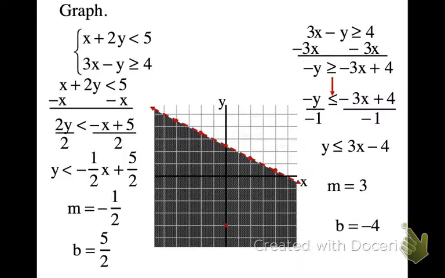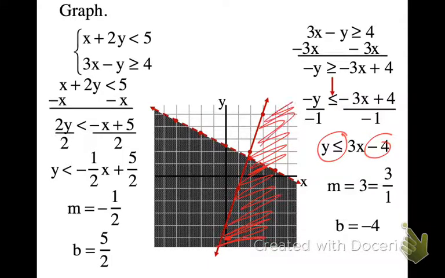And then I'm going to go up 3 over 1, up 3 over 1, up 3 over 1. It should be a solid line. And now I'm looking at y is less than -4. So less than -4 would be here. So that would mean everything attached to that point. And so now you can see that your solution is right here.